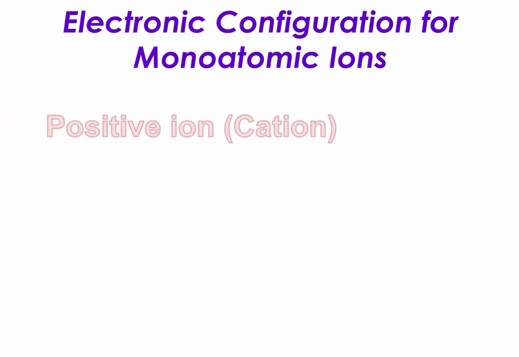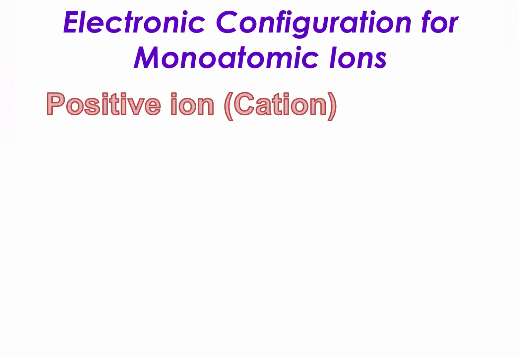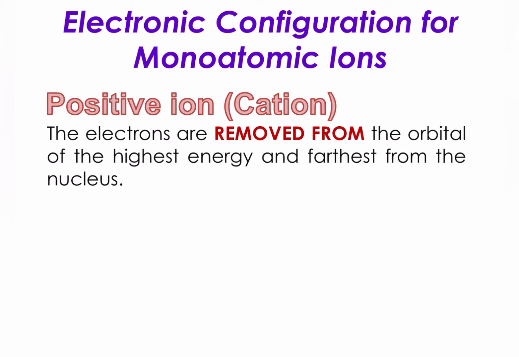For positive ion, the electrons will be removed from the orbitals of the highest energy, ataupun yang paling jauh daripada nucleus, because the attraction from the valence shell is quite weaker with the nucleus.